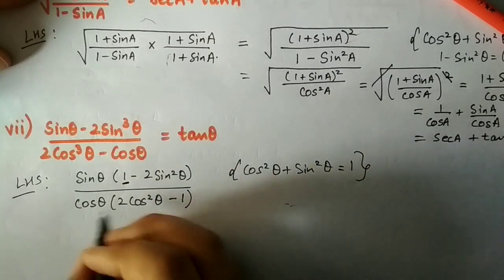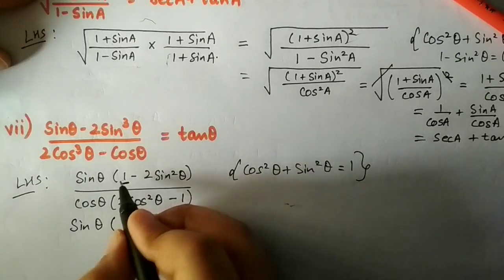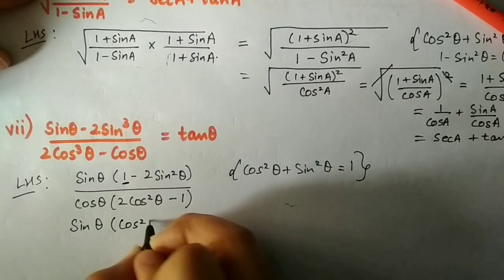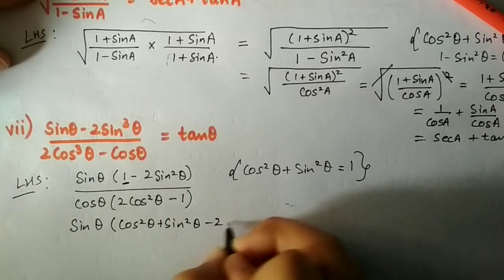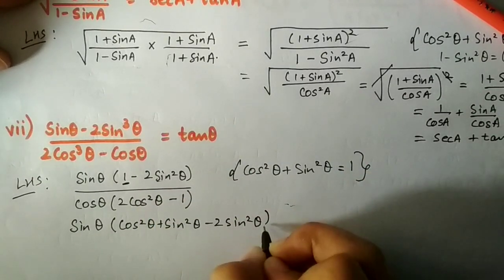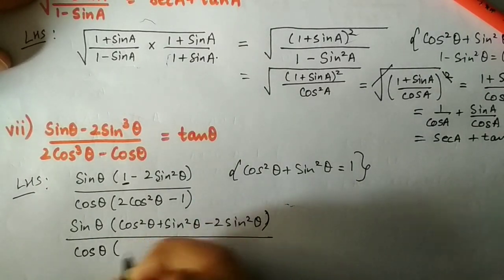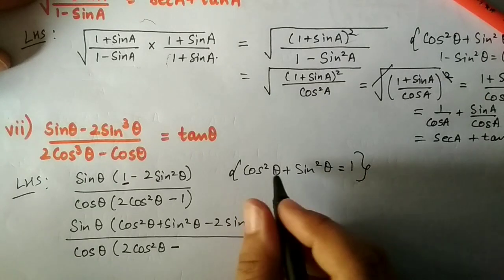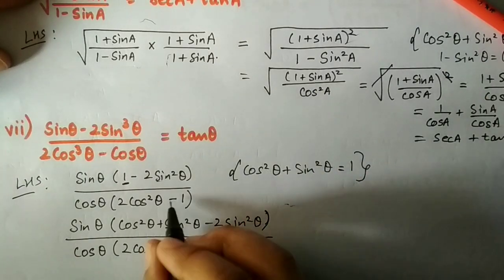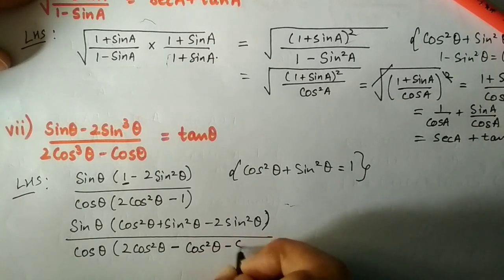So using this identity you can say that it is equal to sin theta into 1 can be written as cos square theta plus sin square theta minus 2 sin square theta, divided by, similarly do it in the denominator also, write 2 cos square theta as it is and replace 1 with, here minus sign is there, so cos square theta plus sin square theta, so minus will become minus cos square theta minus sin square theta.